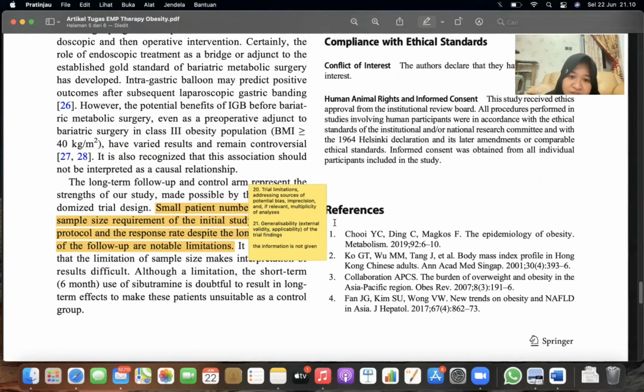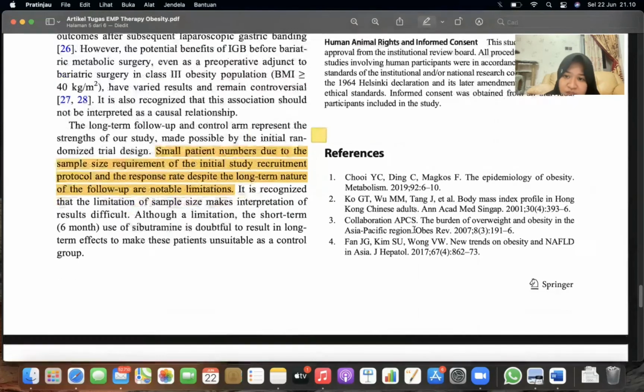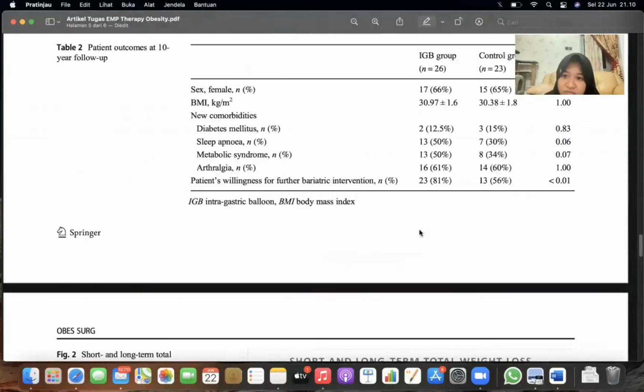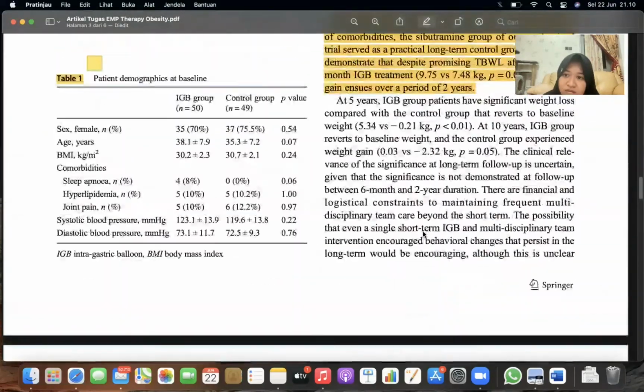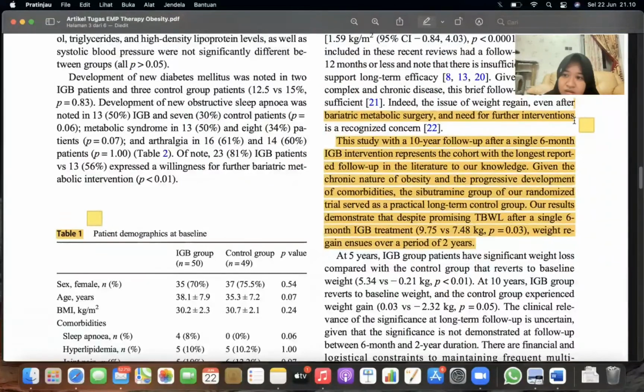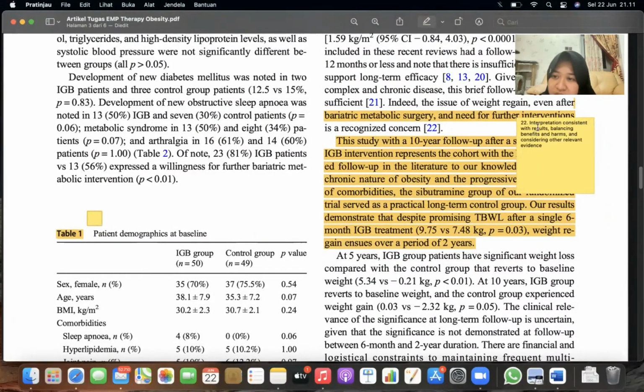So we next number 22. Okay, number 22 is interpretation consistent with results, balancing benefits and harms, and considering other relevant evidence.